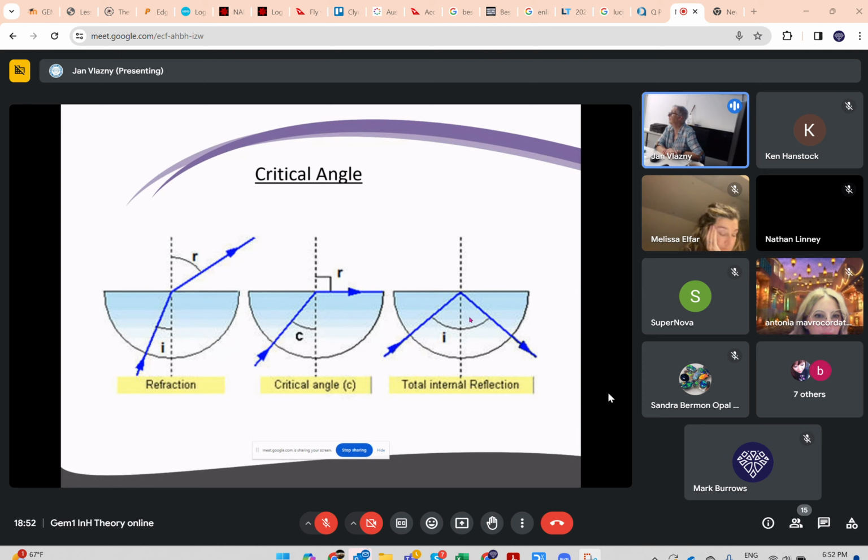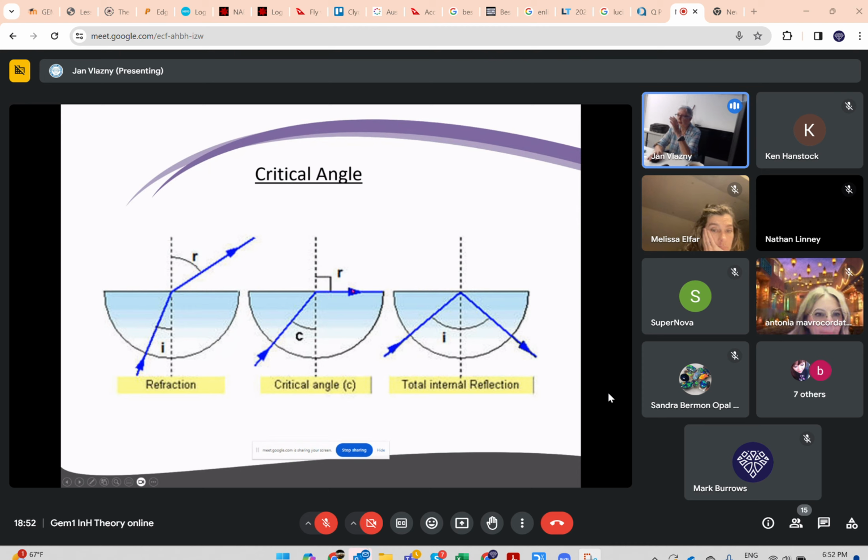Now that sounds like magic and fancy footwork, but it's not. I'll come back to this, but that angle is called the critical angle, for a gemstone like a diamond or a quartz, the angle at which there's so much bending of the refracted ray that it is at 90 degrees to the normal.